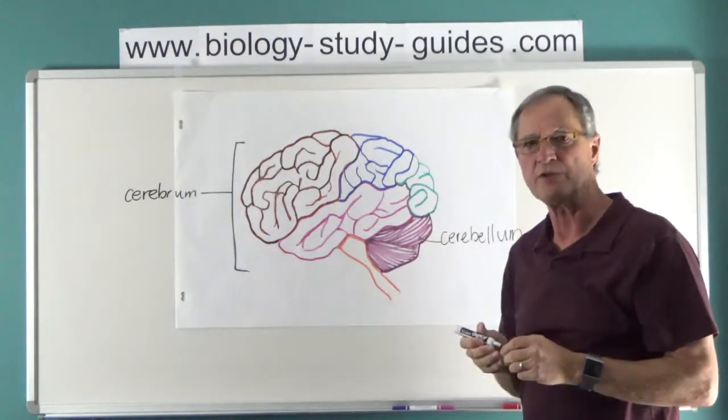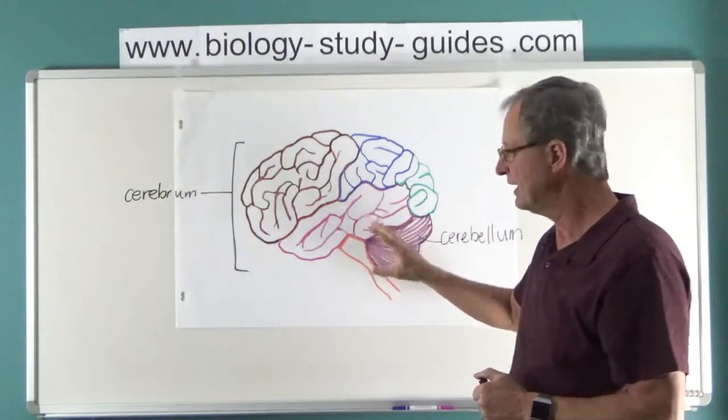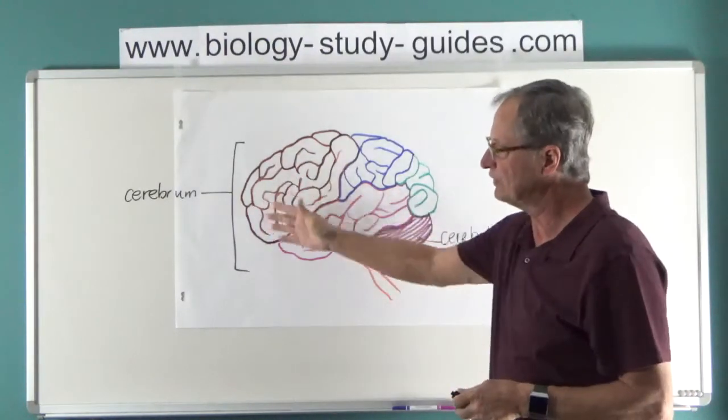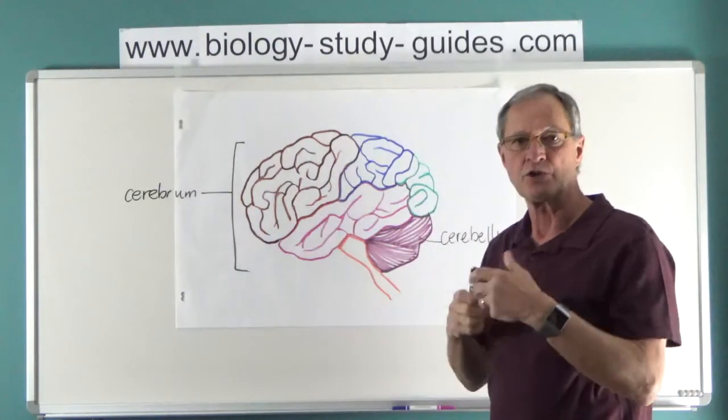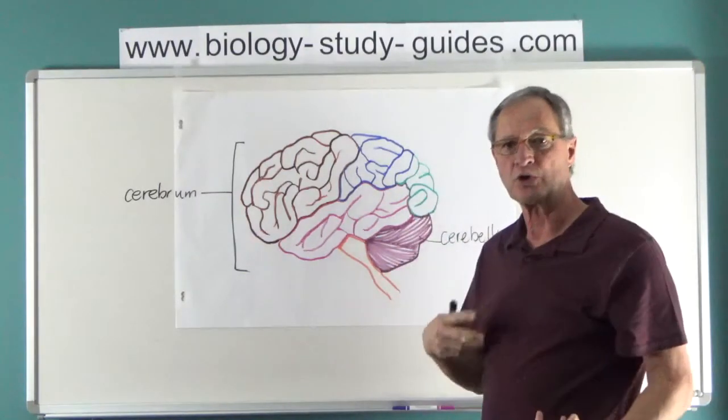What we're going to do in this video is explore these lobes a little bit and then take a look inside the brain at what specifically is going on with the cerebrum, so that we can make some associations with how the brain controls what goes on in the body.